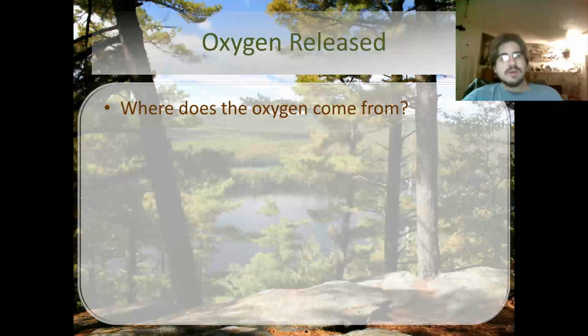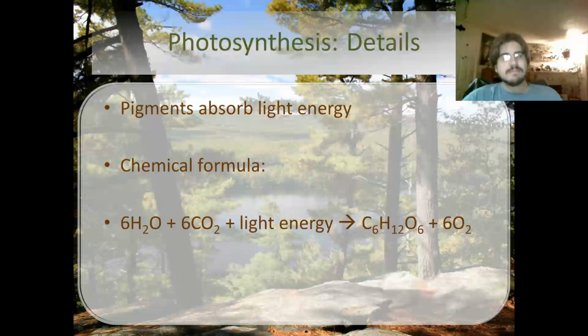Here's a good question. Where does the oxygen come from? Well, we have two options. Oxygen, that's a gas made up of two oxygens. We have two possible sources for it to have come from. We have 6 carbon dioxide, that's 6 carbon and 2 oxygens, or 6 H2O, 2 hydrogens and a single oxygen.